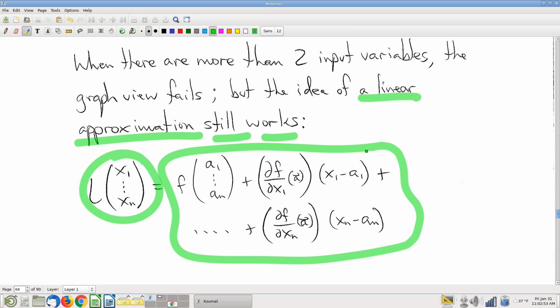And so it would be reasonable to call it the tangent plane, or whatever, for the function.